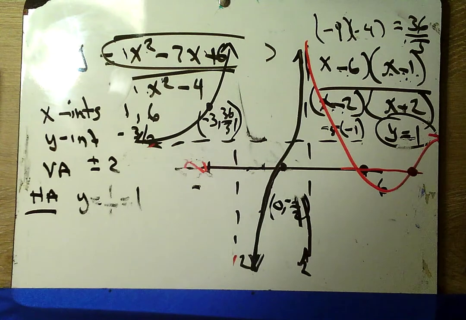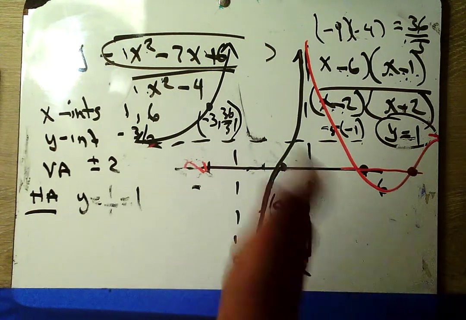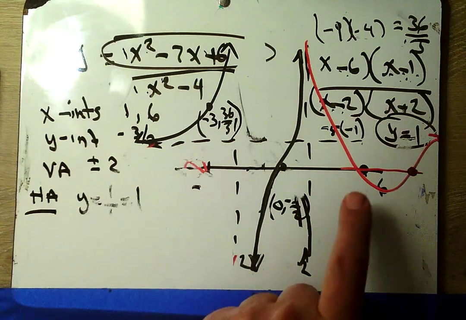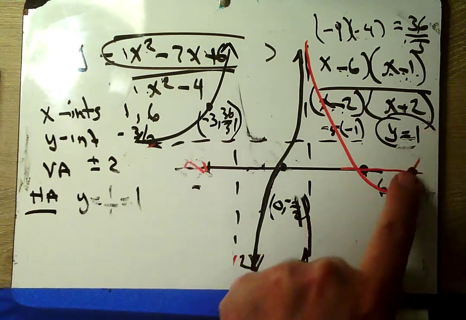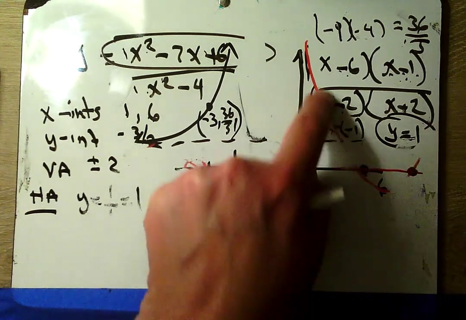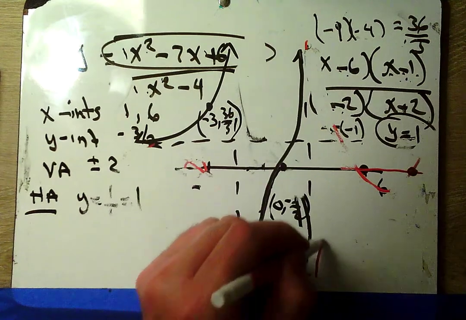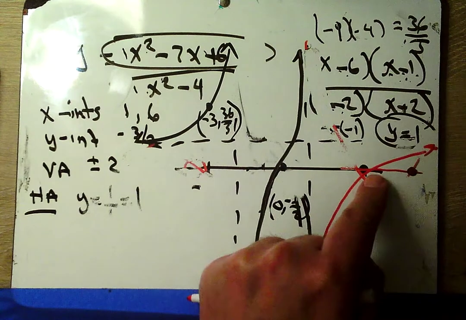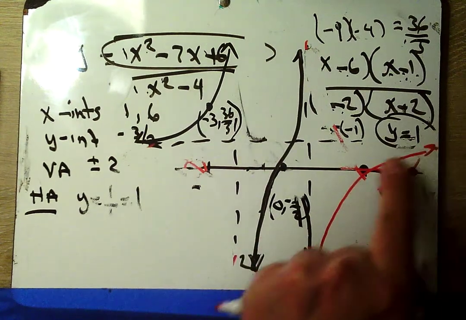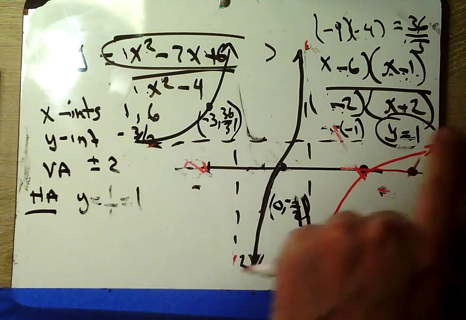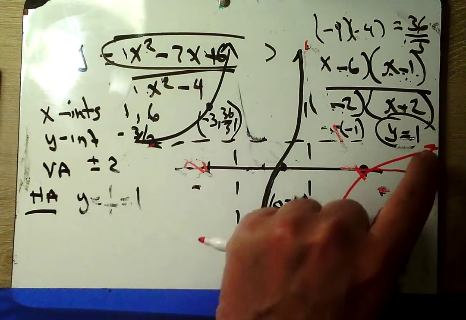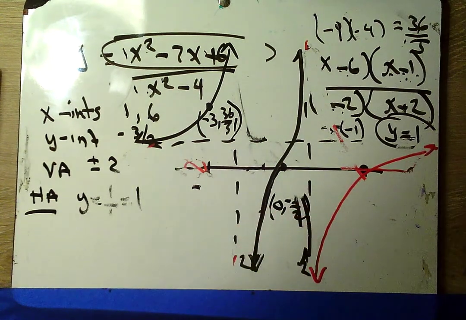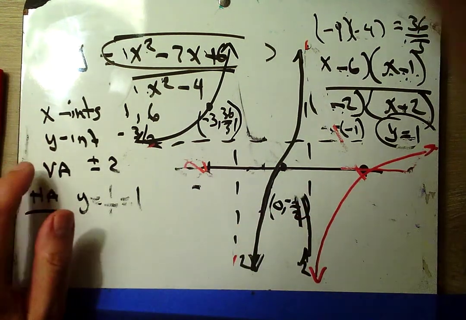Well, I don't have another x-intercept. That's my only x-intercept to the right of 2, and so therefore I can't have this shape, which means my shape must be this shape. Now, look what's happening here. We are crossing and approaching that horizontal asymptote at y equals 1. All right, there's that one.